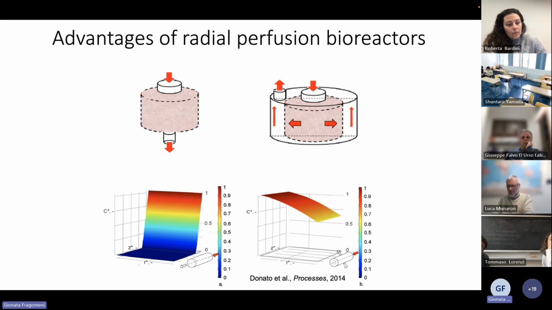The perfusion of the culture medium in this kind of bioreactor occurs radially, towards the cells.